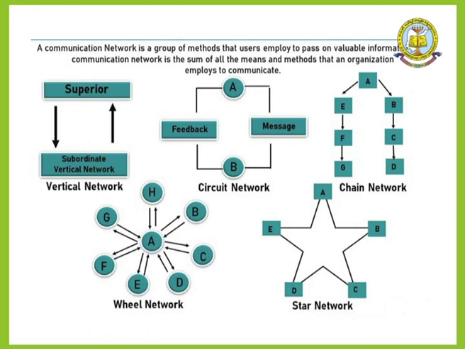Or the network can be a circuit network. A circuit network is one where, for example, there are two people, A and B. A is sending a message to B and B sends feedback back to the sender. So A communicates to B, and if B has received the information, understood and interpreted the communicated message properly, B will send feedback to A. So A will now know whether B has understood or not, interpreted in the same way or not.